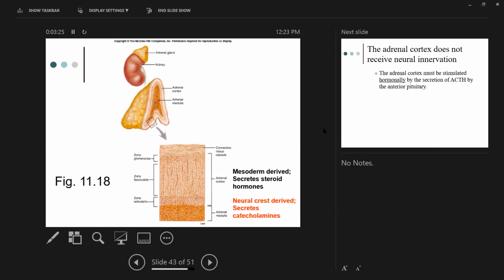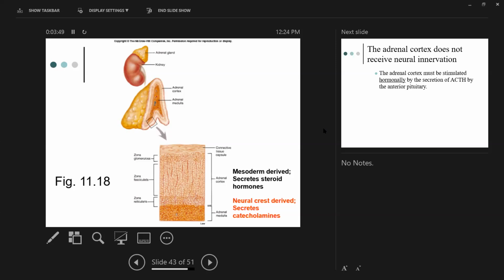This is derived from nerve cells. And it has a very neural look to it. This cortex has a very glandular look to it. And it is controlled hormonally. The medulla is controlled neurally. It's controlled by the sympathetic nervous system.